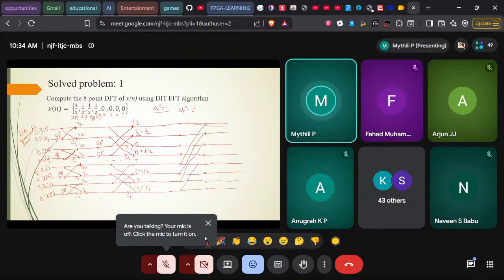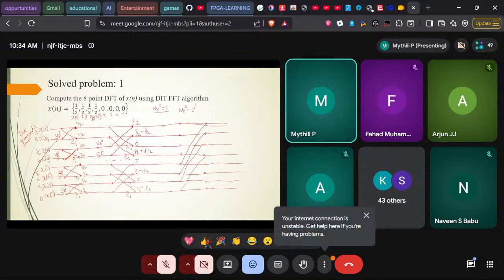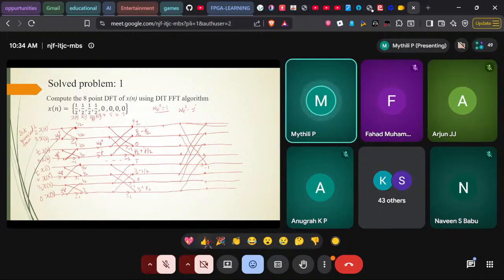I don't have much control here. The lower one is subtraction. So there should be a -1 sign everywhere.